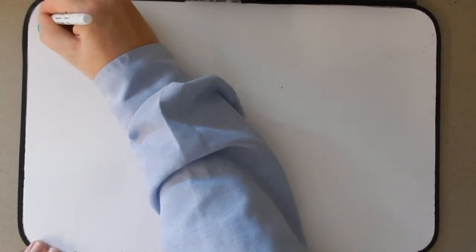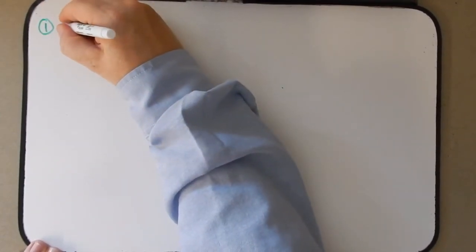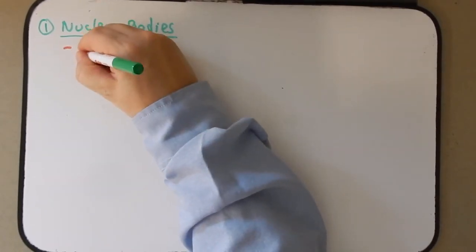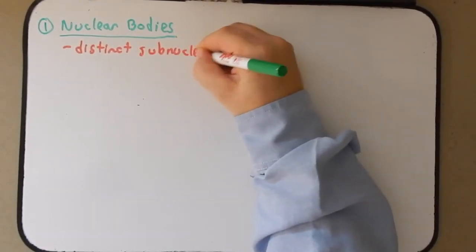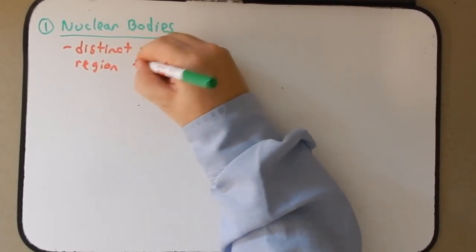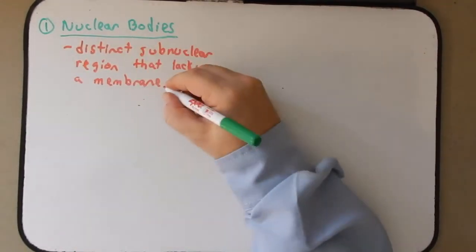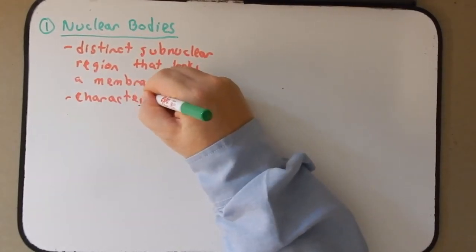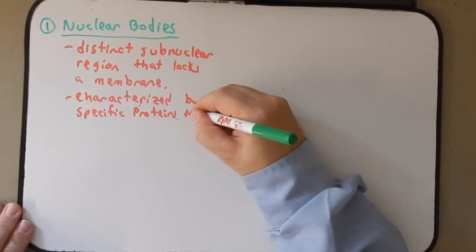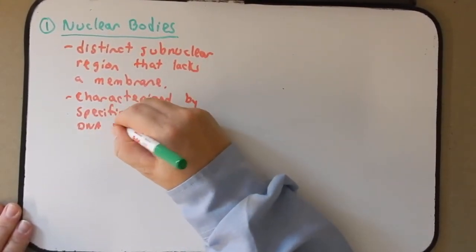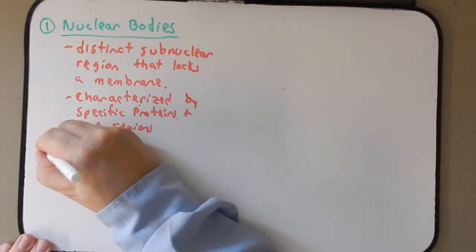So let's first talk about nuclear bodies. And we can define a nuclear body by a distinct subnuclear region that lacks a membrane. But even though it lacks a membrane, these nuclear bodies are characterized by specific proteins and DNA regions in some cases. Let's talk about some examples.